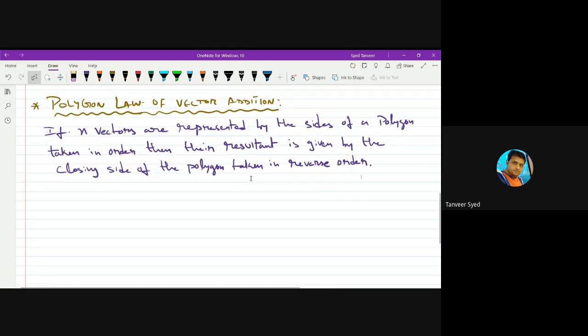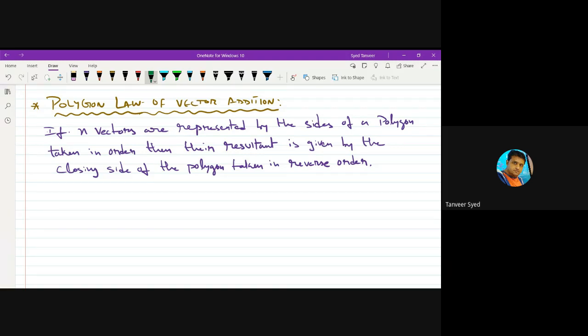Similar to triangle law, the only difference is there we use only two vectors. Here we use a number of vectors. Polygon. What is a polygon? Polygon is a closed figure with three or more than three sides. If you have three sides, you call it a triangle. Four sides, a quadrilateral.